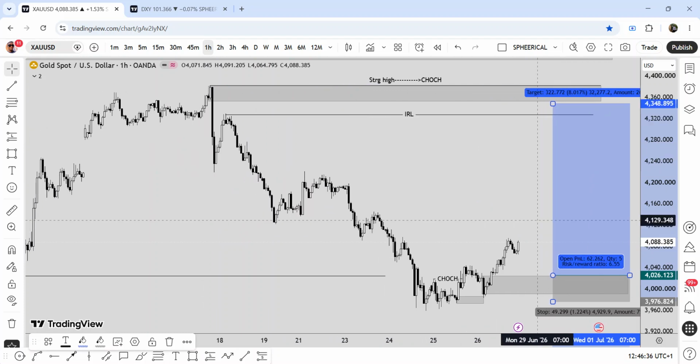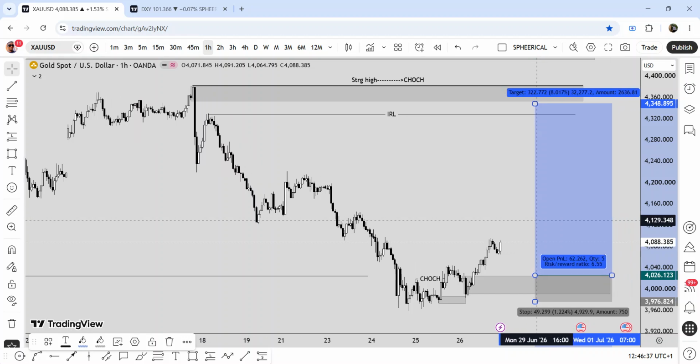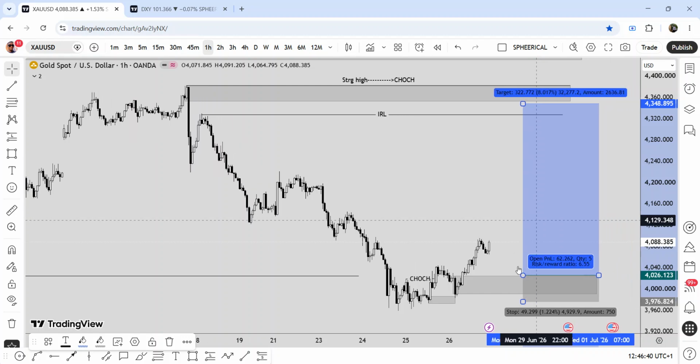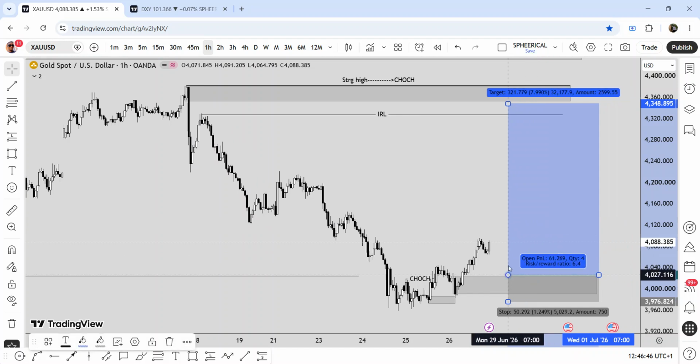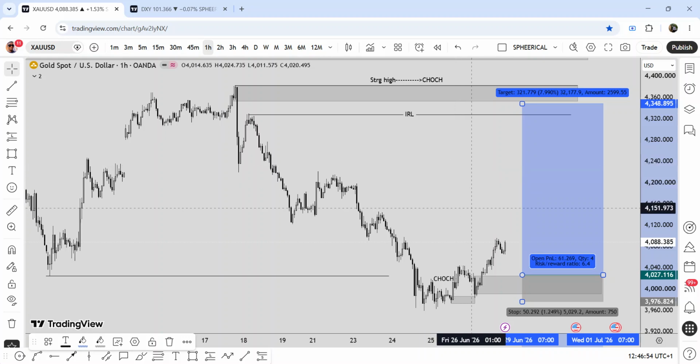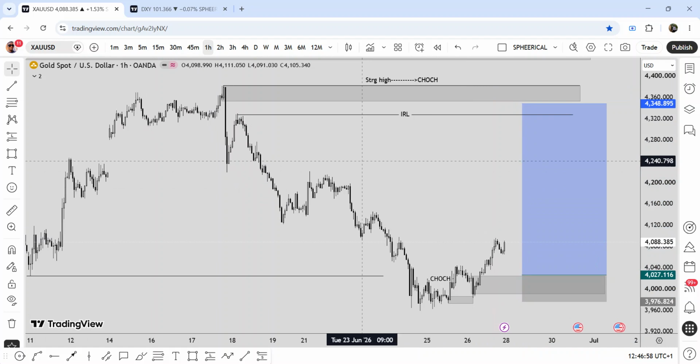If we catch any buy in this zone, we are going to hold it till we reach this zone. That is a massive profit, a massive trade, close to 33,000 pips. So we are going to be very, very patient in this trade.